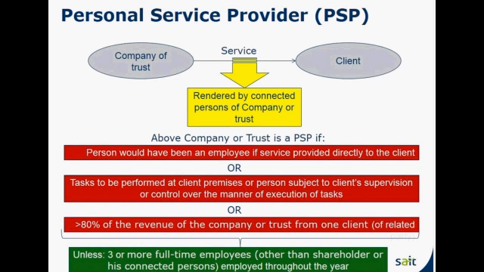If that's not the case, and this company doesn't have three or more full-time employees employed throughout the year, then the company or the trust would be a personal service provider. And it's important there to note that there are three requirements.